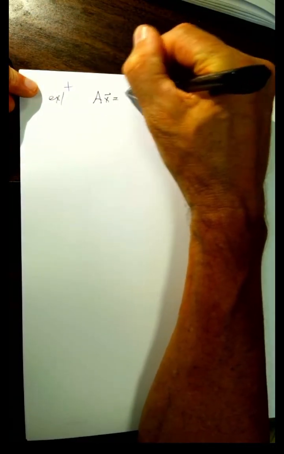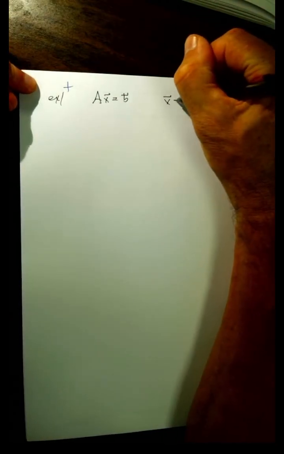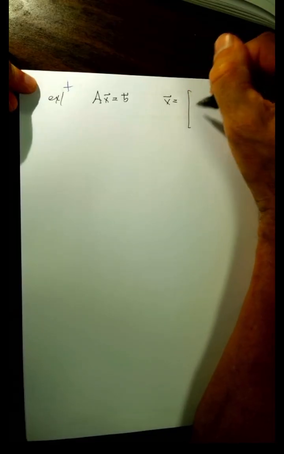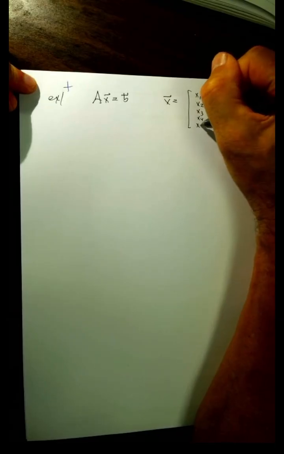Suppose I've got a system of equations. So I've got A is a matrix, X is a vector of my unknowns, and B is a vector of constant values. All right, so in this case, let's say, for example, that I have 5 unknowns.